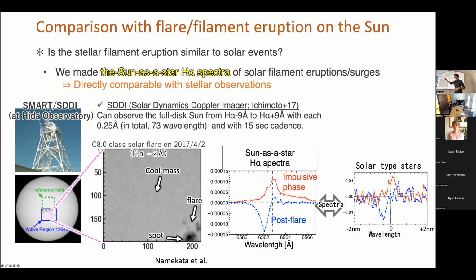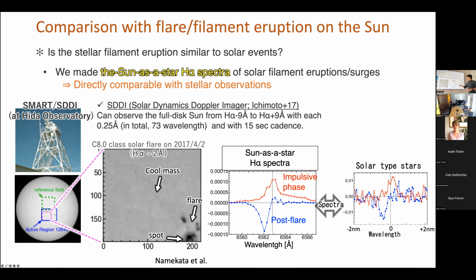This is a zoomed up, much smaller solar counterpart. If a flare occurs and mass is ejected, a similar H-alpha line profile is observed. Of course the sensitivity is much different because the Sun is very bright, but the line profile changes and time differences are very similar.